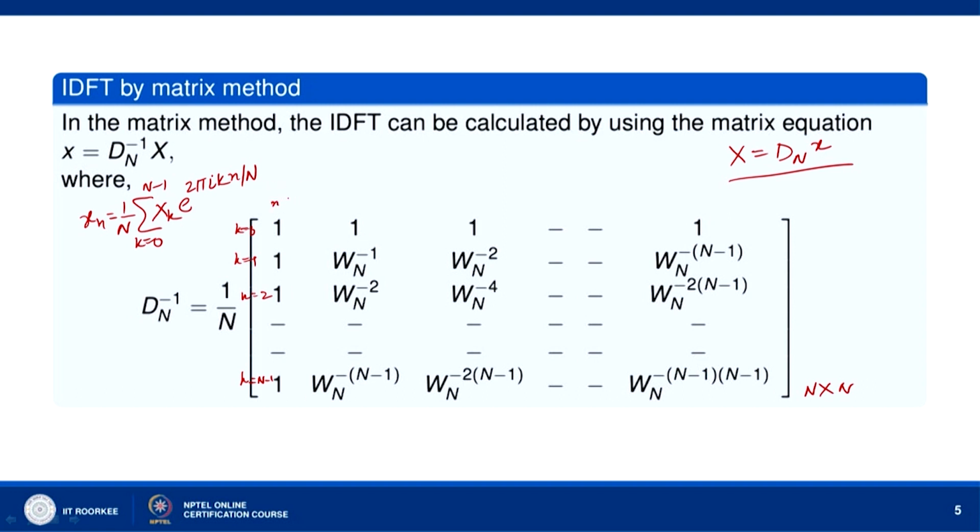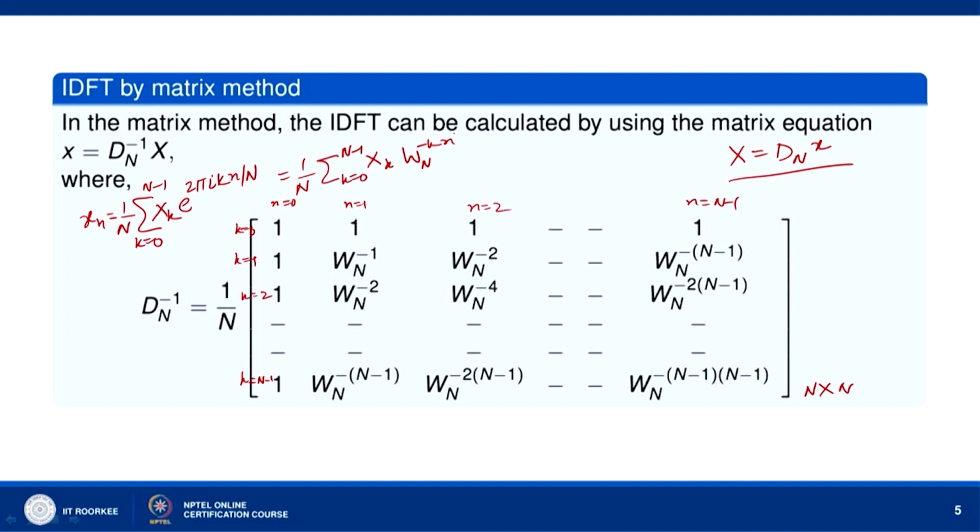So, n runs along the columns, this is n equal to 0, n equal to 1, n equal to 2, and so on, n equal to n minus 1, and we can write it as 1 by n sigma k equal to 0 to n minus 1 X k W_N to the power minus kn.